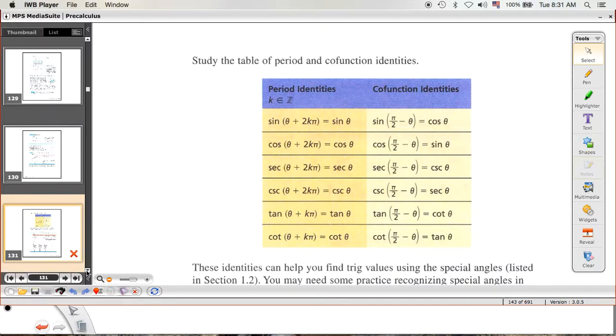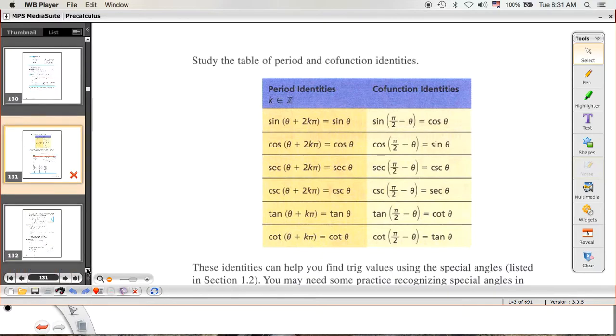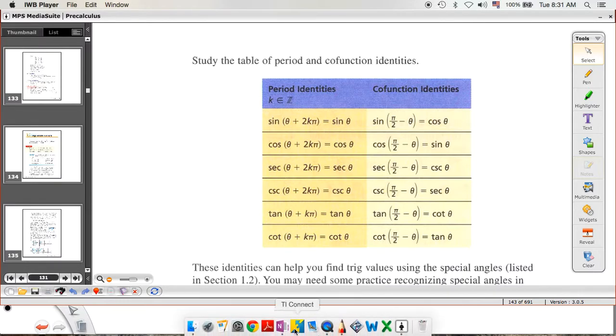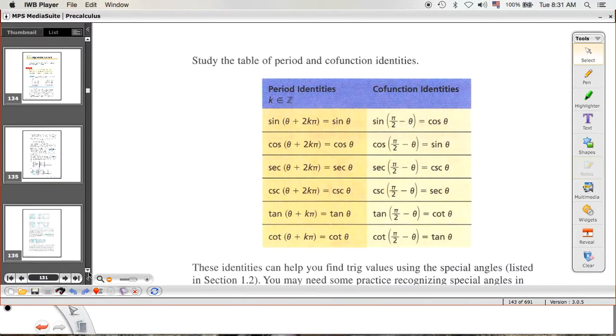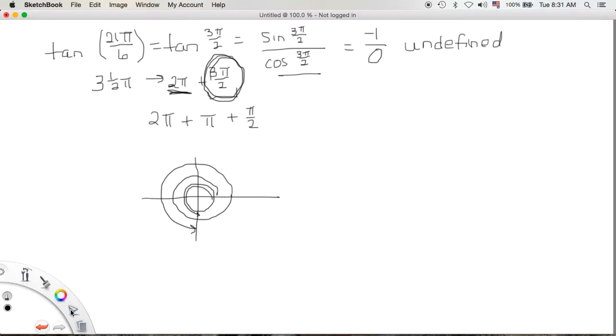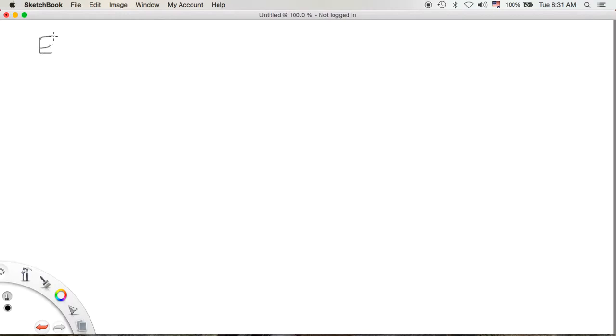The other thing you need to remember is about even and odd functions. Just as a little reminder, an even function means that f at negative x equals f at x, and an odd function means that f at negative x equals negative f of x.